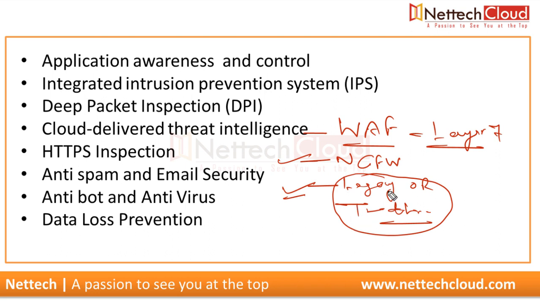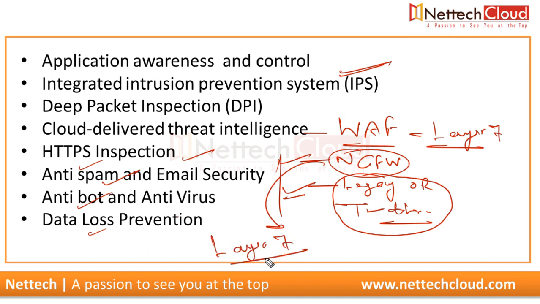Evasive tactics can be easily used to bypass the firewall, because of port hopping, protocol hopping, or tunneling inside SSL, tunneling inside SSH. Next generation firewall means there is HTTPS inspection, IPS, vulnerability protection, antivirus, anti-bot, DLP, anti-spam, right? It means they operate up to layer 7 of the OSI model.